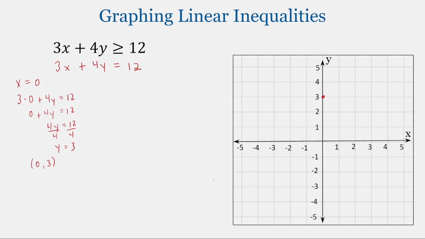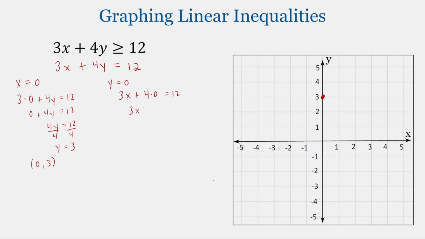And we can graph that point. Now let's find the x-intercept. The x-intercept is where y is equal to 0. So now we have 3x plus 4 times 0 equal to 12.